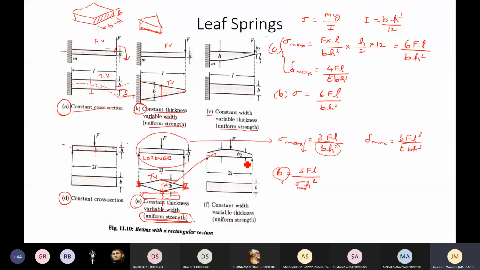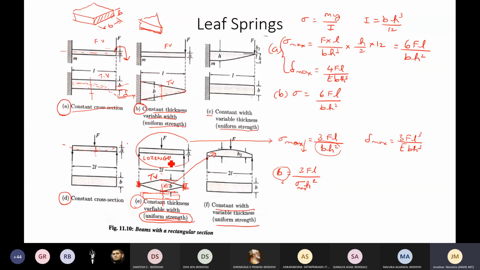So the beam also looks like this, simply supported, and the H part is varying. So we have taken this lozenge part and simulated it to become, again, a uniform strength variable thickness beam by keeping the width constant. That is the beauty of the construction of a laminated spring.